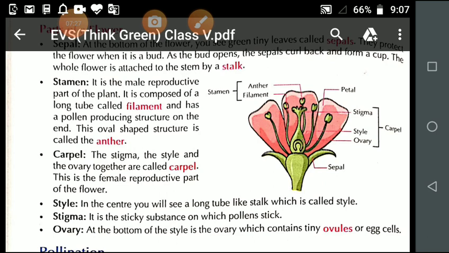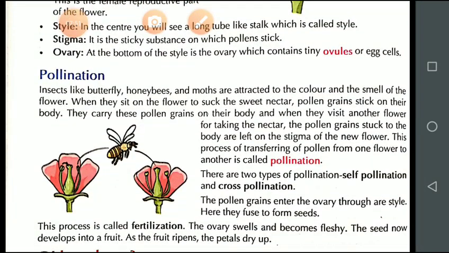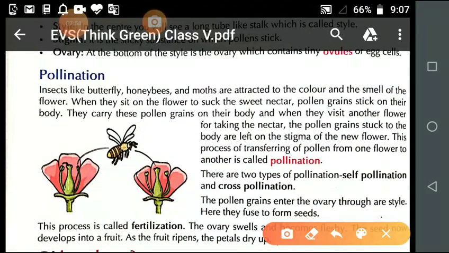First I discuss self pollination. Now student, if pollen is transferred from the anther of one flower to the stigma of the same flower, that is known as self pollination. What does it mean?